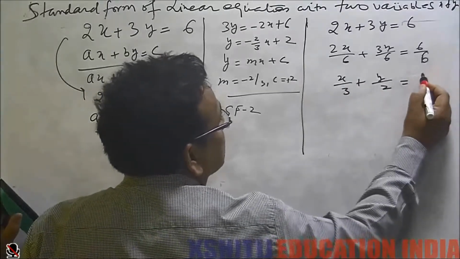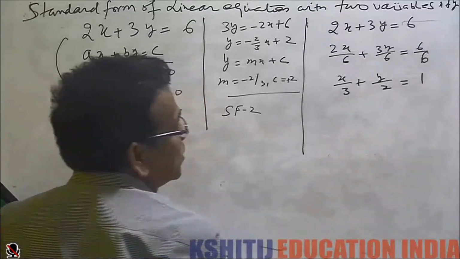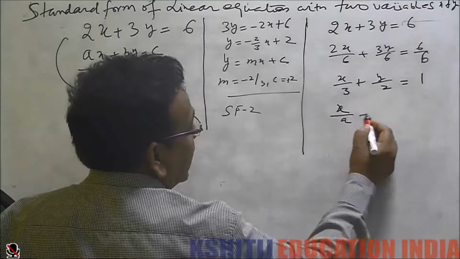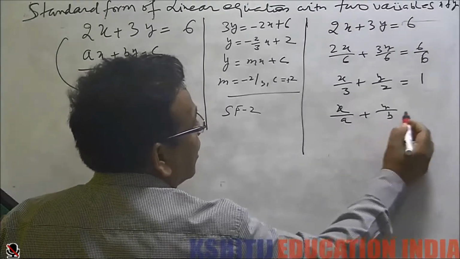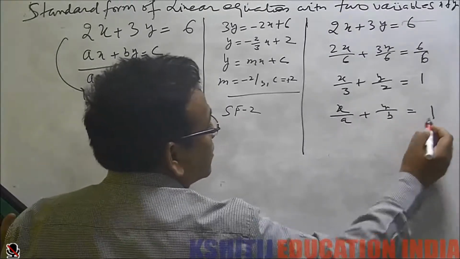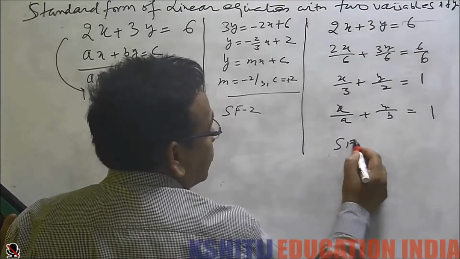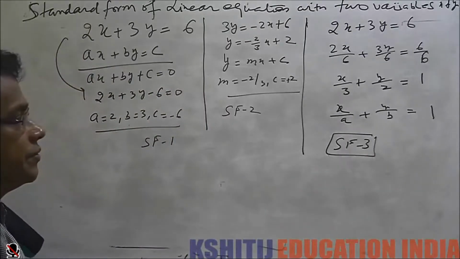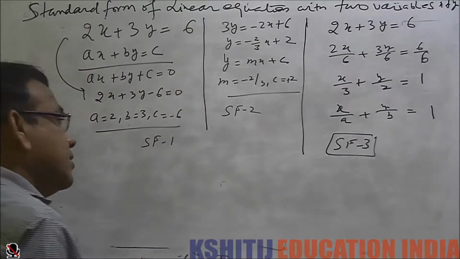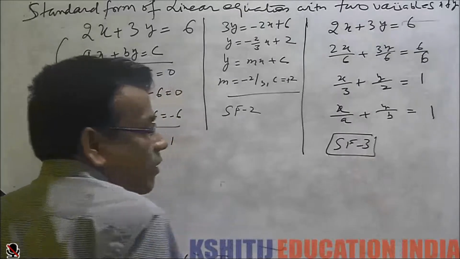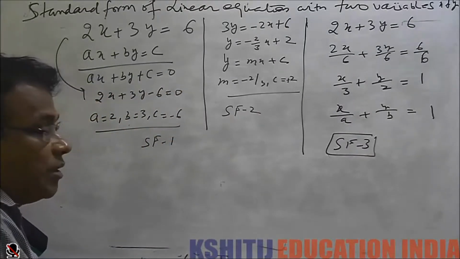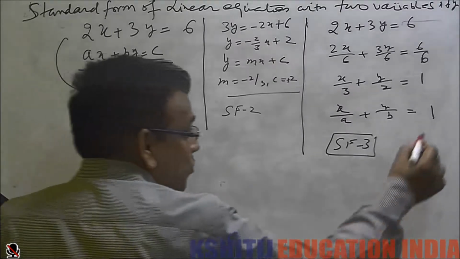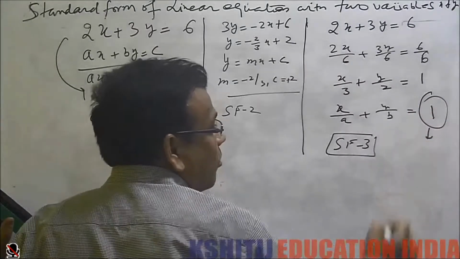So this form becomes the third form, which is x by a, y by b, and 1. This is the third form: x divided by some real value, plus y divided by some real value, is equal to 1. This should be equal to 1. Important to note.